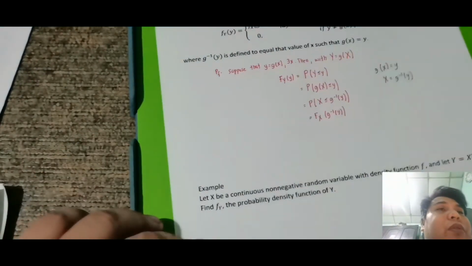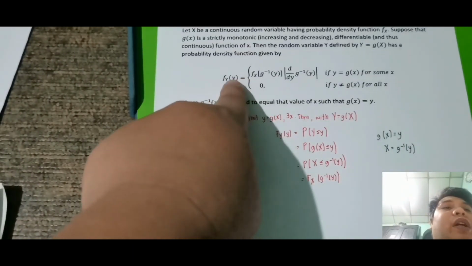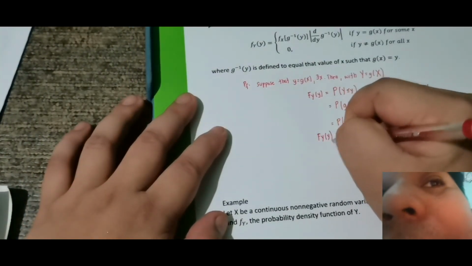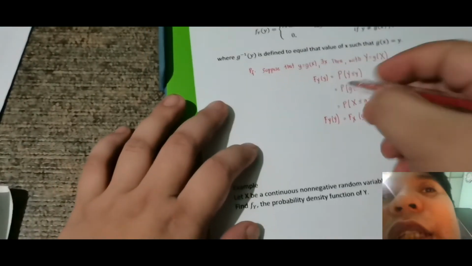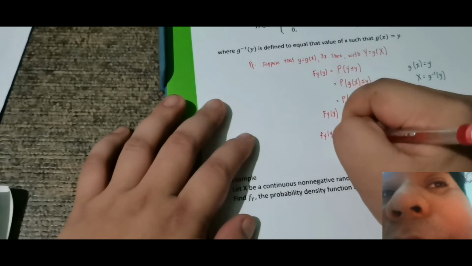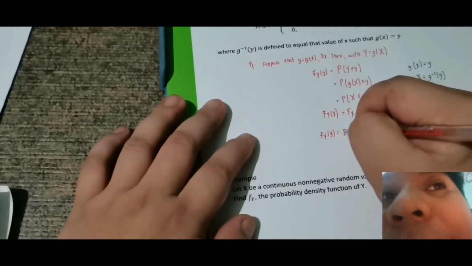Okay, so ano ba goal ng proof natin? Ang goal ng proof natin is dapat makuha natin to. Okay, so note, ito yung f sub Y of y. So differentiating both sides, pag derivative, this is just f sub Y of y equal sa, itong part na to is F sub X pa rin.